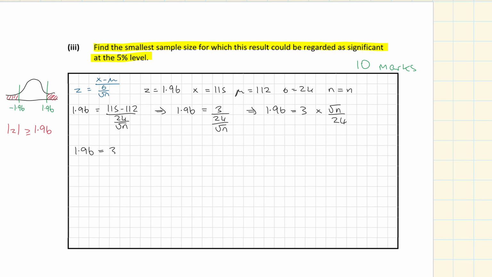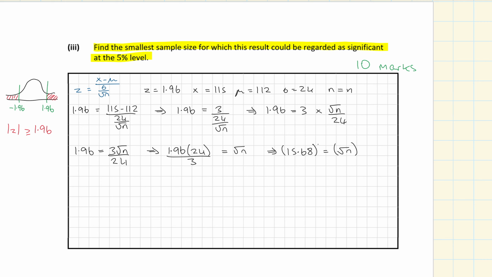Now again, I'm oversimplifying a little here, but that's just to show the steps. Multiply across: 1.96 multiplied by 24, and I can divide across by 3 as well, will equal root n. Into your calculator, 1.96 multiplied by 24 divided by 3 gives me 15.68, which is equal to root n.